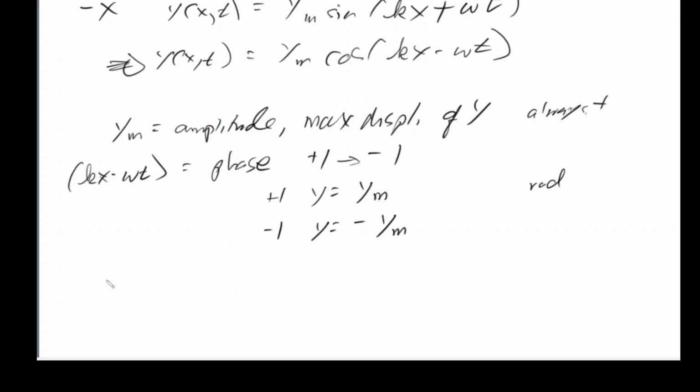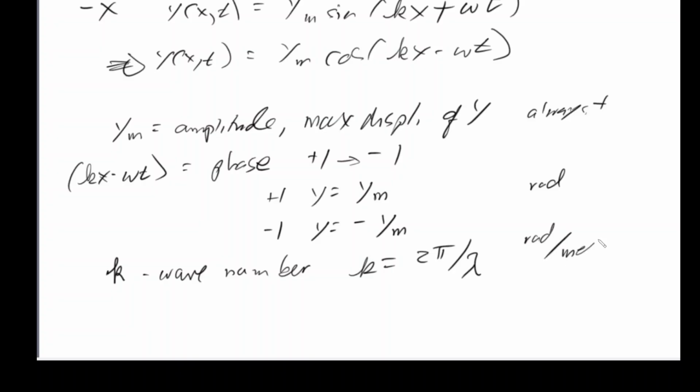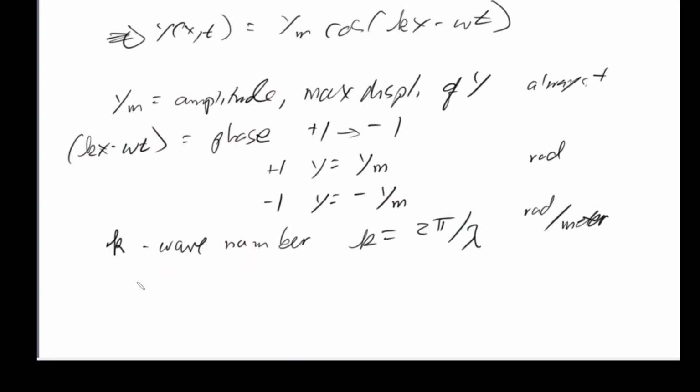You also have k, which is the wave number. And k is equal to 2 pi over lambda, which is the wavelength. And the unit for that is radians per meter. And again, this k is not the spring constant.